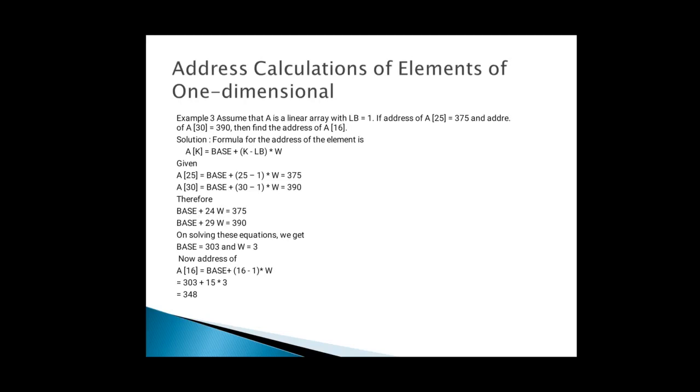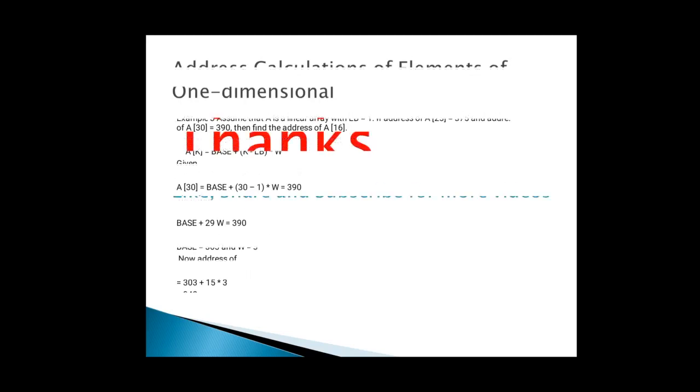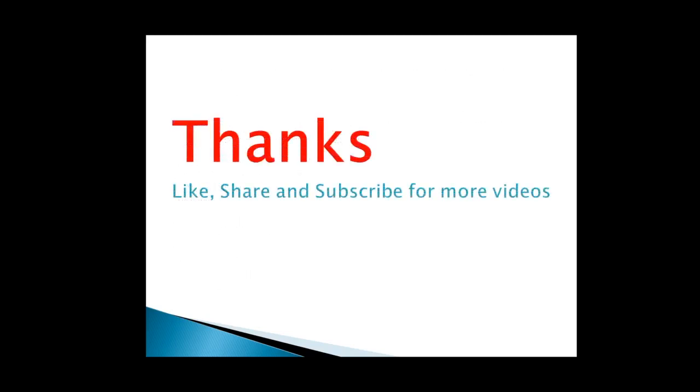On solving these equations, we get base is equal to 303 and W is equal to 3. By putting these values, base is equal to 303 and W is equal to 3, in the equation, we get A 16th is equal to 348. Thank you.